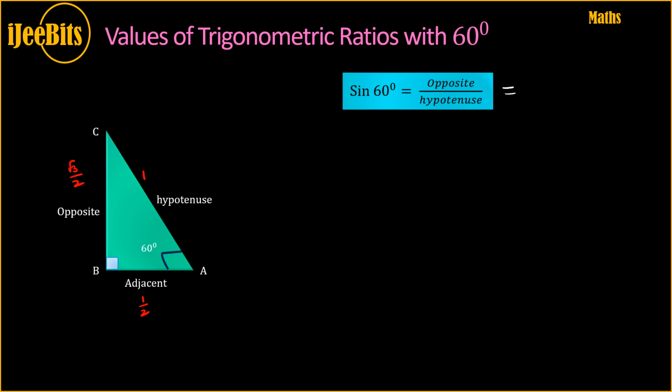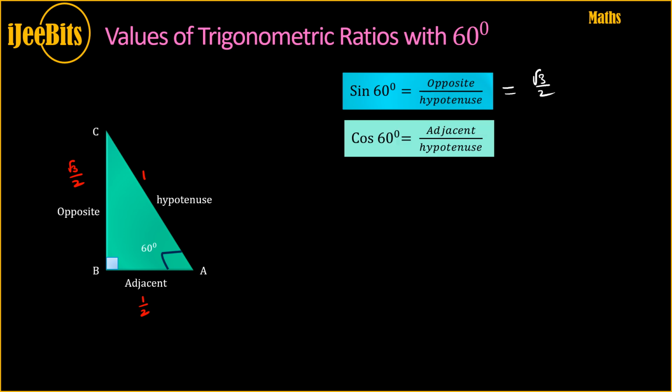Sine 60 from this diagram is opposite by hypotenuse, right? Root 3 by 2 divided by 1. So root 3 by 2 is the sine 60. Cos 60 is adjacent by hypotenuse. So 1 by 2.